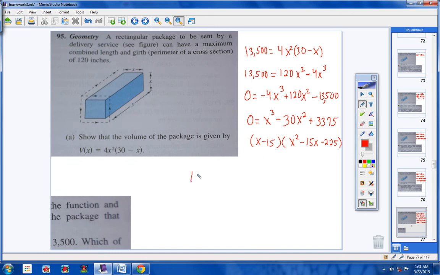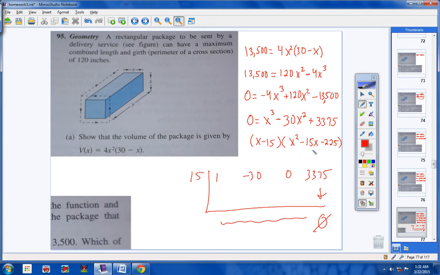If you put 15 here, which I'm not going to do, and did synthetic division, put a 1 here, and a -30 here, and a 0 here, and 3375 here, in the end you will get out a 0. So one of your zeros is 15, so x minus 15 is a factor, and all the numbers you're left over with would be this right here.